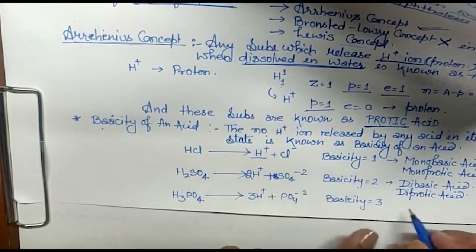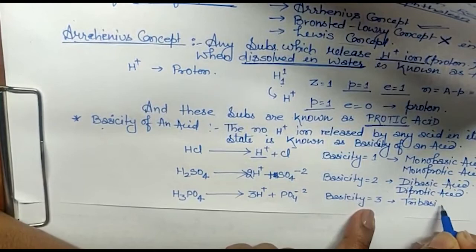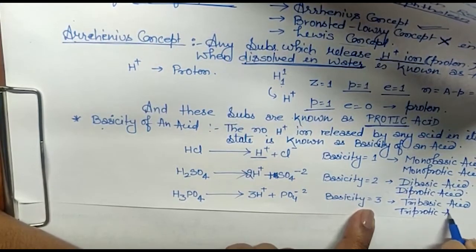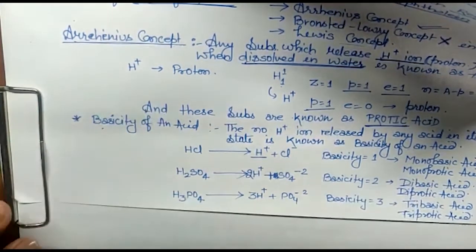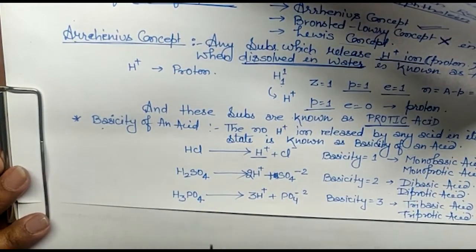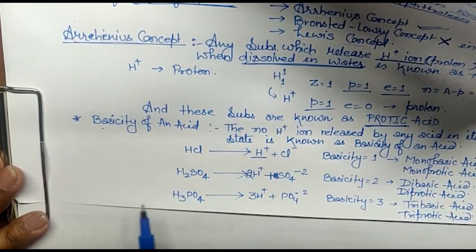Basicity is 3, so it will be considered a tribasic acid, or you can say a triprotic acid. So by these examples we can see that whatever number of H+ is there in the compound, that much is the basicity of that compound. 1 here, so 1 basicity, 2 here, so 2 basicity, 3 here, so 3 basicity.